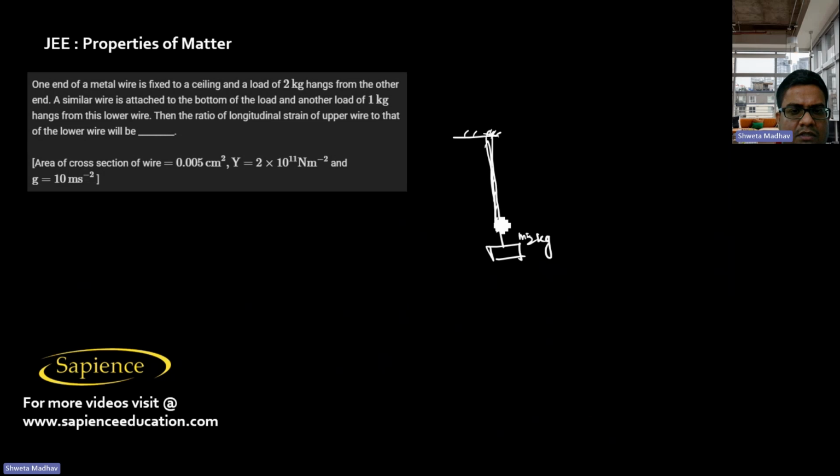Then a similar wire is attached to the bottom of the load, and another load of 1 kg hangs from the lower wire.